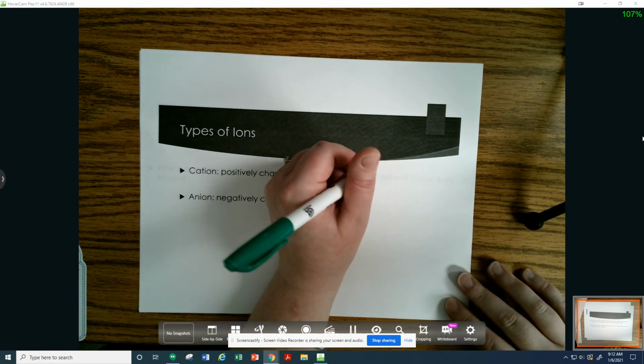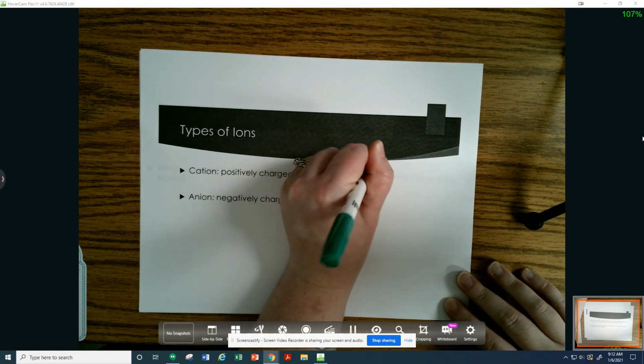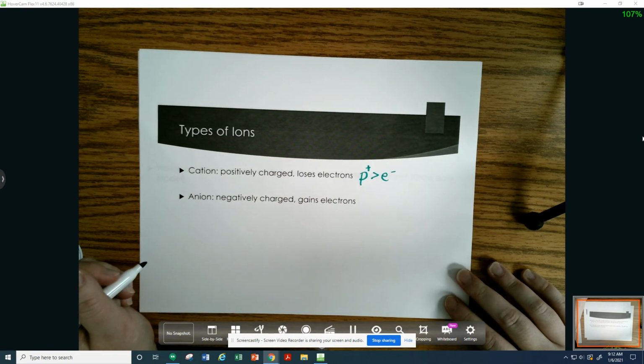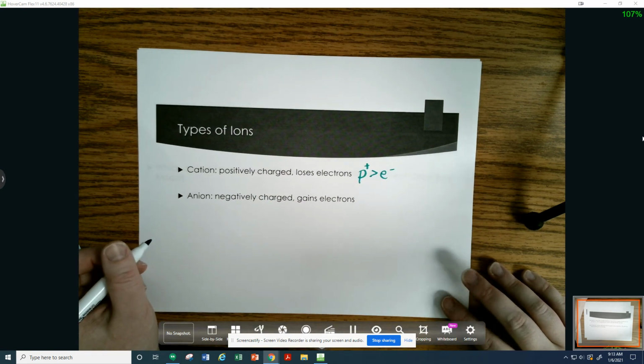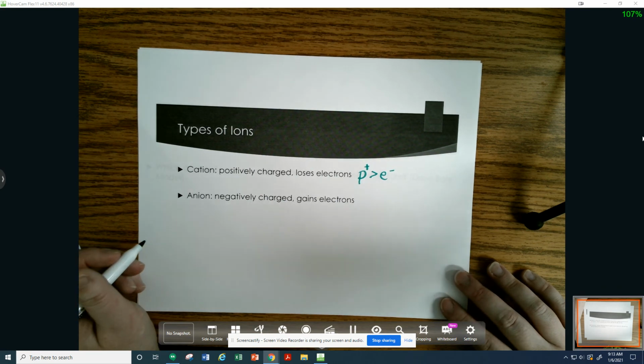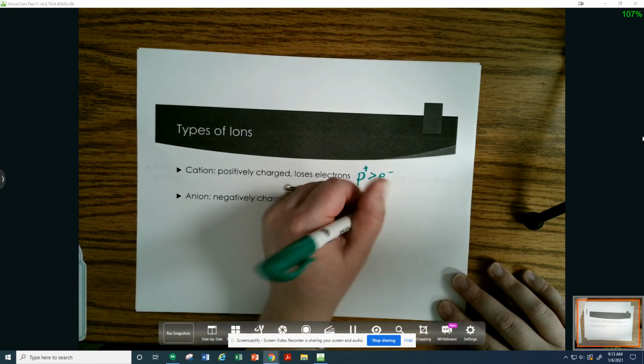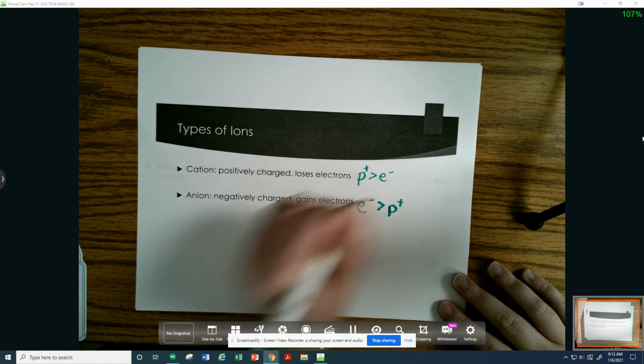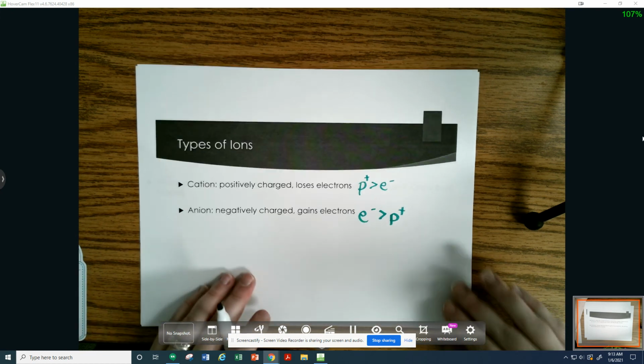That means an element has more protons than electrons, and that's why it has a positive charge. Anions are the opposite. They are negatively charged because there's a gain of electrons, meaning the electrons are greater in number than the protons. And so that's where we get our 2 ions.